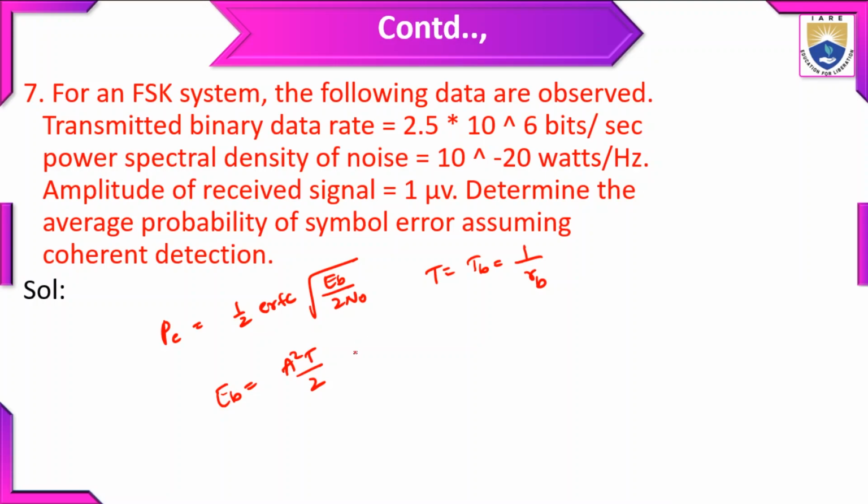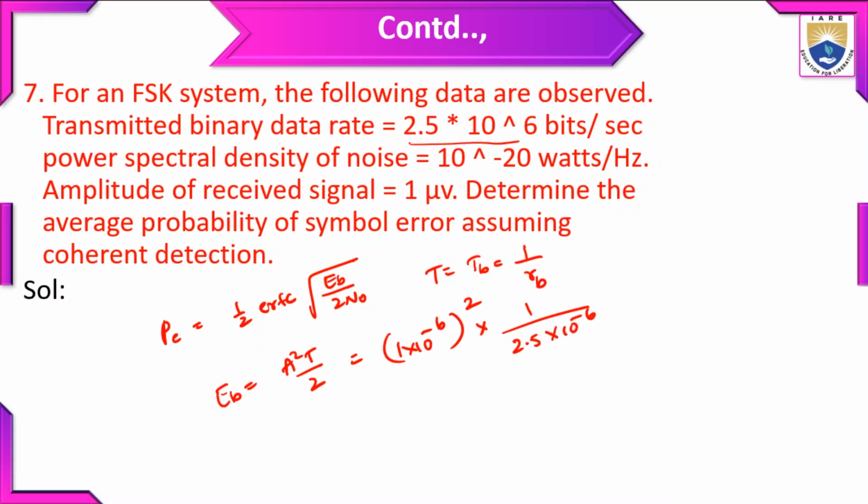Now we substitute A square. What is the amplitude? 1 microvolt, that is 1 into 10 power minus 6 whole square into T. T is the bit duration. Here the given transmitted binary data rate is 2.5 into 10 power 6, which is Rb, but we need T, so it is 1 by Rb: 1 divided by 2.5 into 10 power 6.